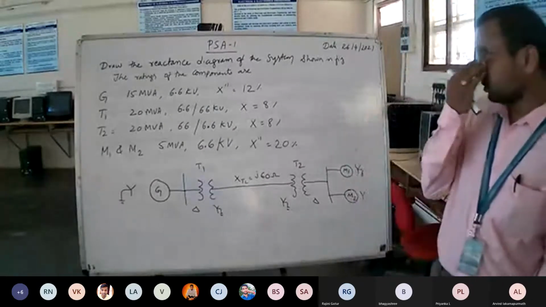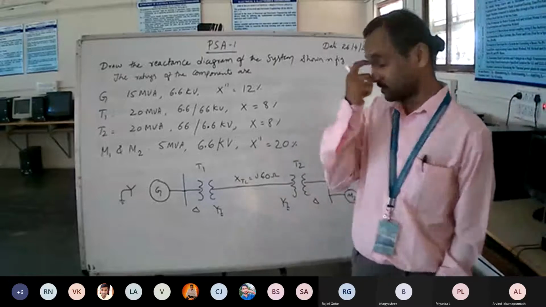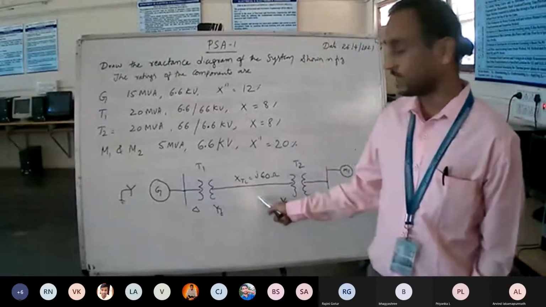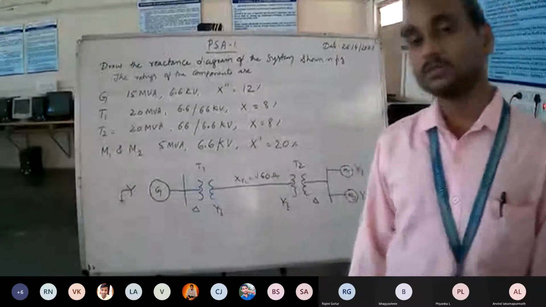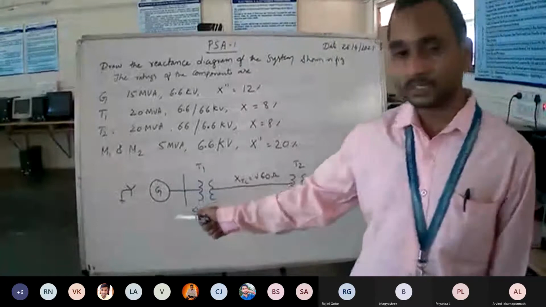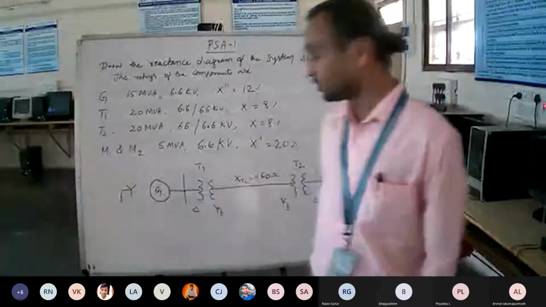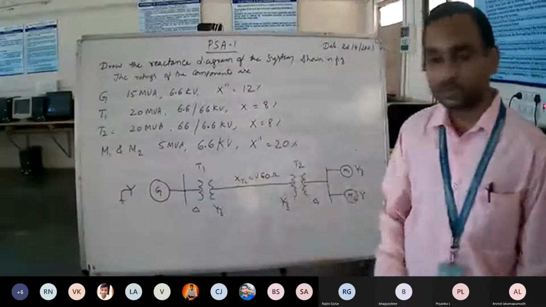In this problem, we need to calculate the reactance values and the reactance diagram. The single line diagram is given and we need to draw the reactance diagram. For that purpose, what are the reactances of the individual machines? What is the per unit reactance of the generator? What is the per unit reactance of transformer 1 and transformer 2?